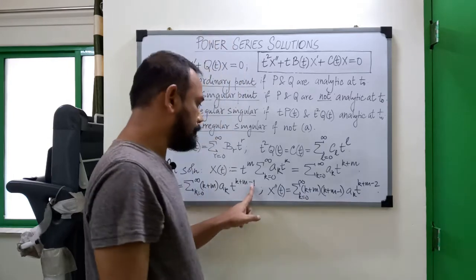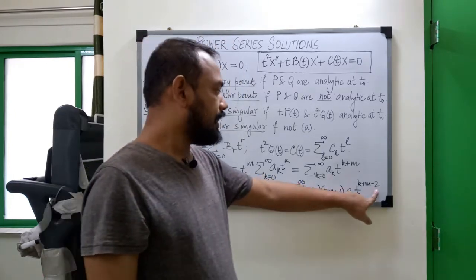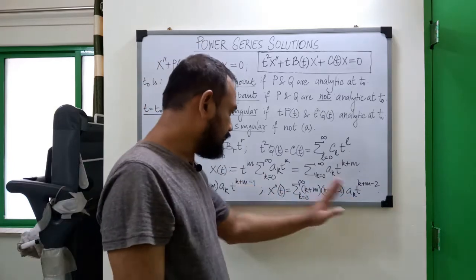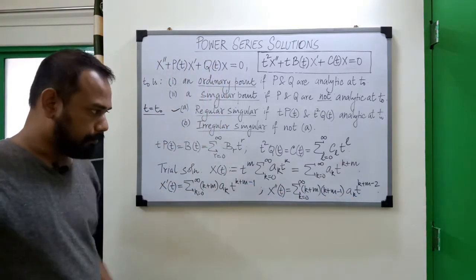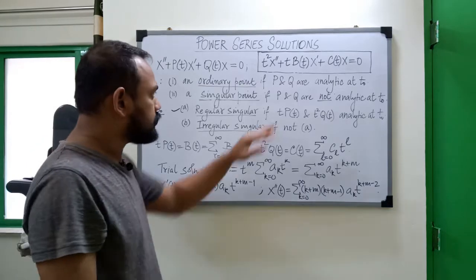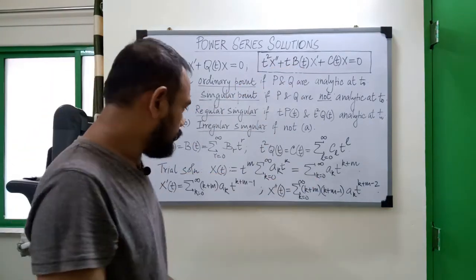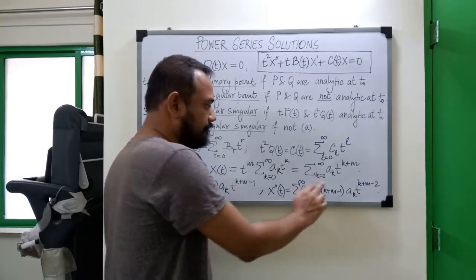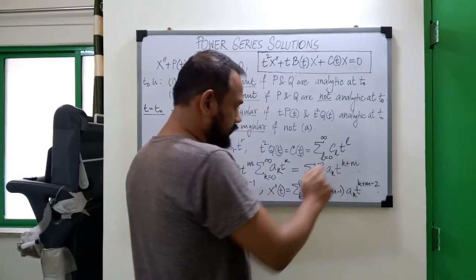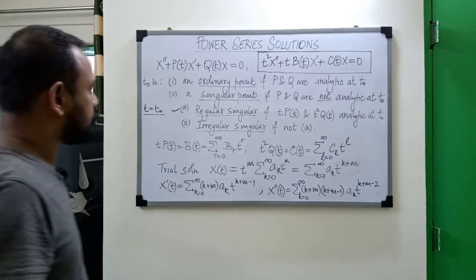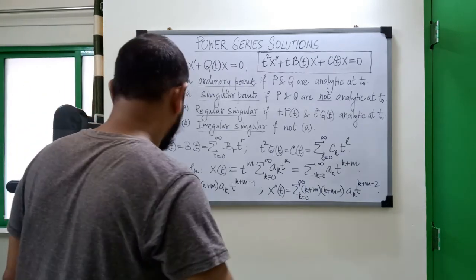The k plus m minus 1 will come down once here, and the index gets reduced by 1 once again, and that's the x prime and x double prime, okay? So we will put these quantities into this differential equation and find out what the undetermined coefficients are, and we will have the solution. So let's just do that, okay?